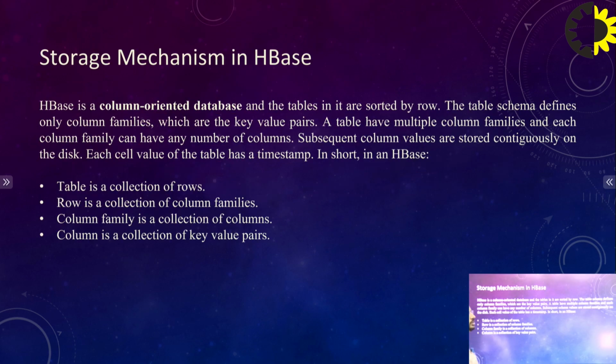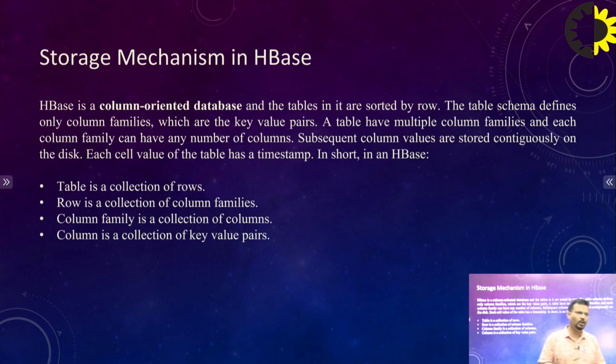Here we will discuss the storage mechanisms in HBase. HBase is a column-oriented database, and the table is sorted by row. The table schema defines only the column families, which are the key values. A table can have multiple column families, and each column family can have any number of columns. Subsequent column values are stored contiguously on the disk.